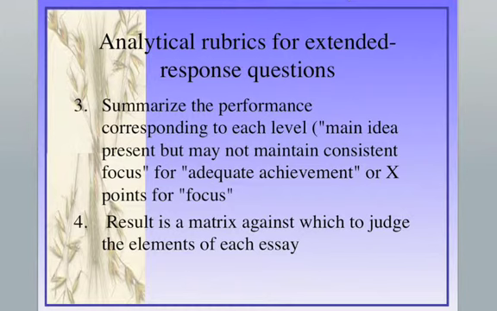We have to summarize the performance corresponding to each level. The main idea is present, but it may not maintain consistent focus, for adequate achievement. And we might give them 3 points, or X points I put here, for focus. The result is we wind up with a matrix against which we can judge the elements of each essay. So this is not unlike the blueprint in some ways that you're writing for your assessment assignment for the final project for the course.